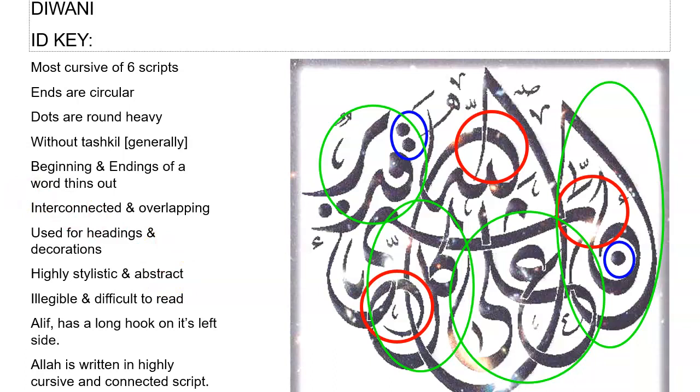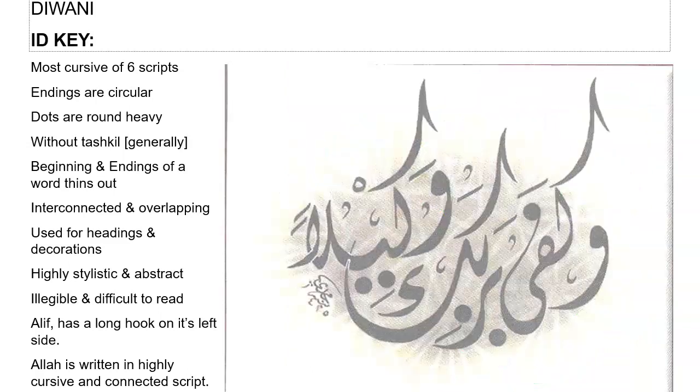All right. Now I'm going to go into this one. Most cursive again. Well, this is Wakafa bi Rabbika Wakila, and the name of the calligrapher and the year this person wrote it. And you see this again, circular dots, Divani.